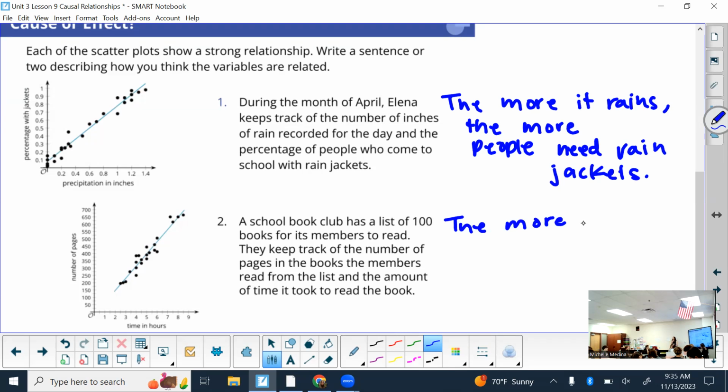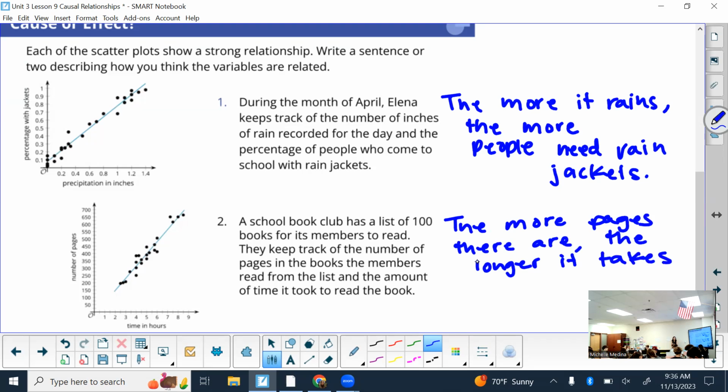So I would kind of revise that slightly. I would say the more pages there are, the longer it takes to read. Wouldn't you guys agree with that?